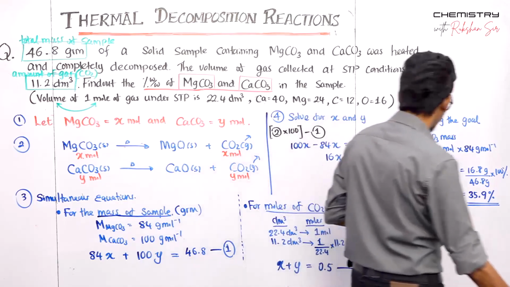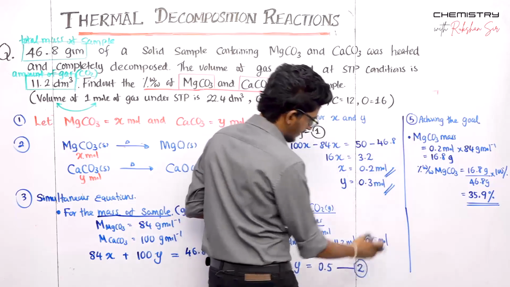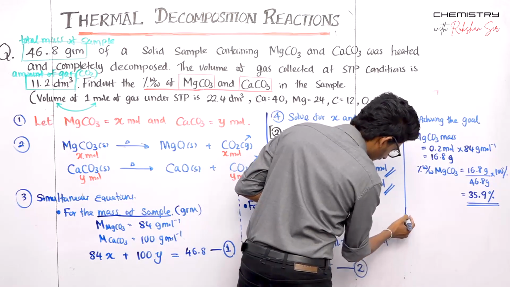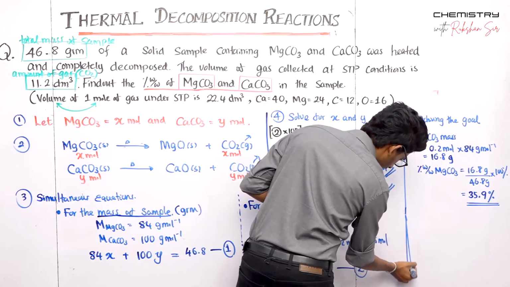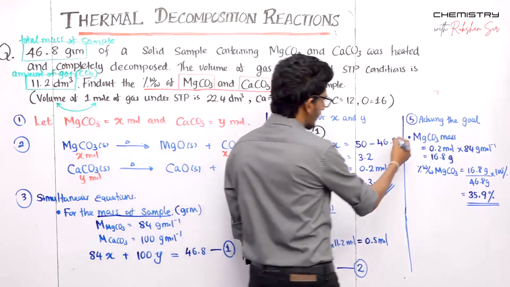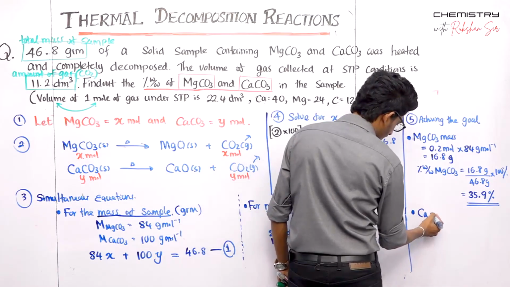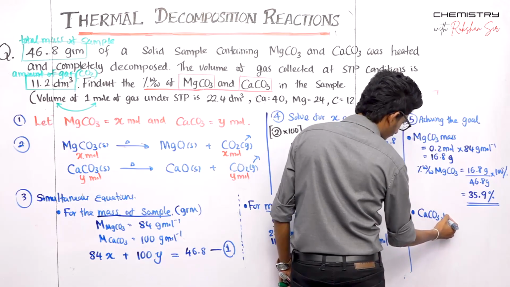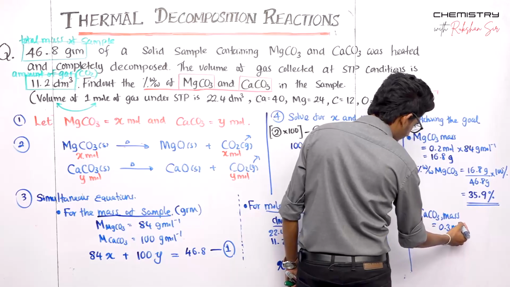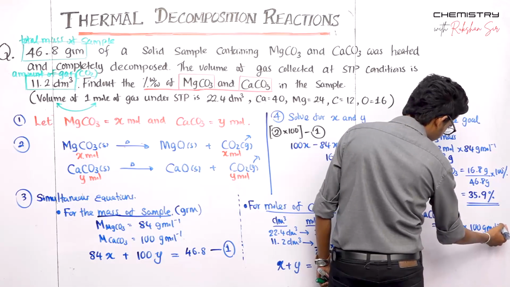So what about the calcium carbonate then? You can take 100 minus magnesium carbonate, because only those two are available, or you can come up with the normal way of calculation. That means the calcium carbonate mass is actually 0.3 moles, and its g mole minus 1 value is 100 g mole minus 1.